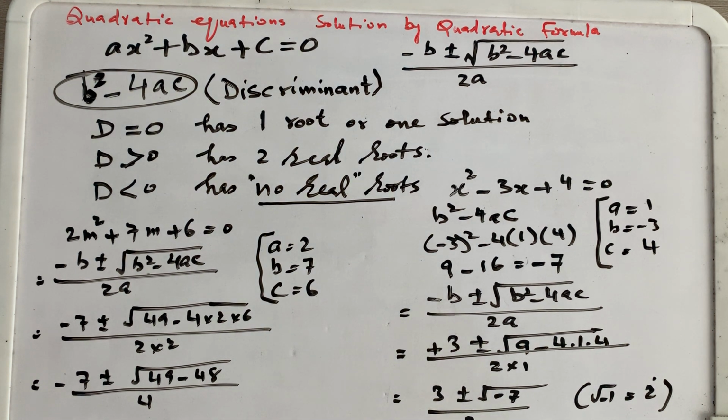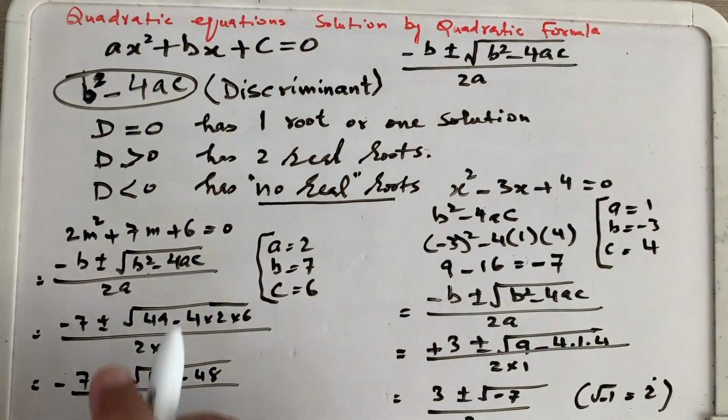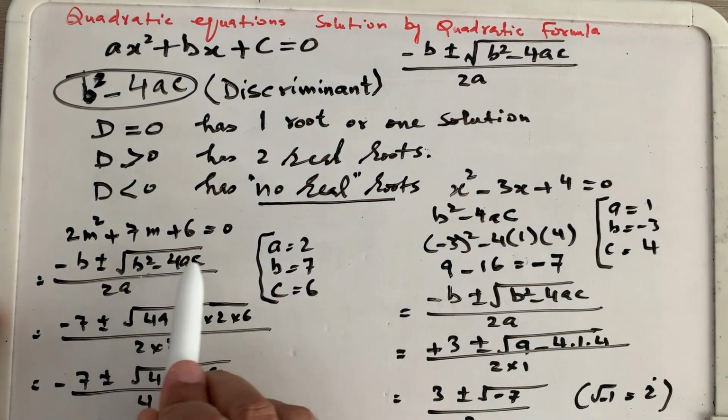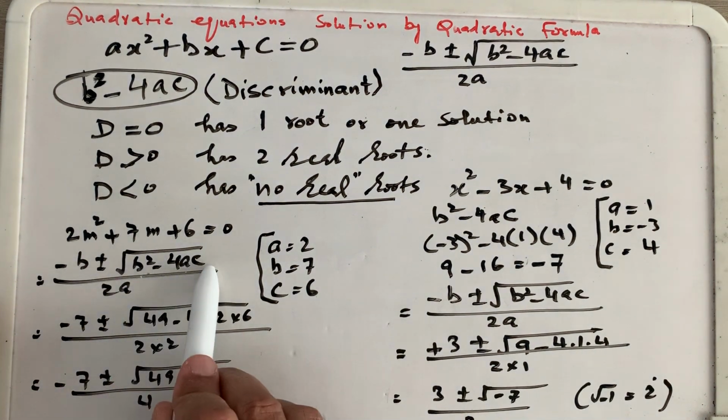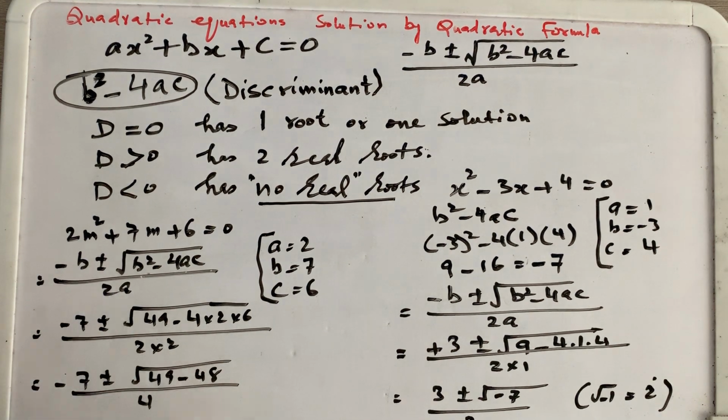And when d is equal to 0, when b square minus 4ac becomes 0, then the square root part is gone, and we are only left with minus b divided by 2a. That is one real solution, so one root. That parabola will be cutting the x-axis at only one point.